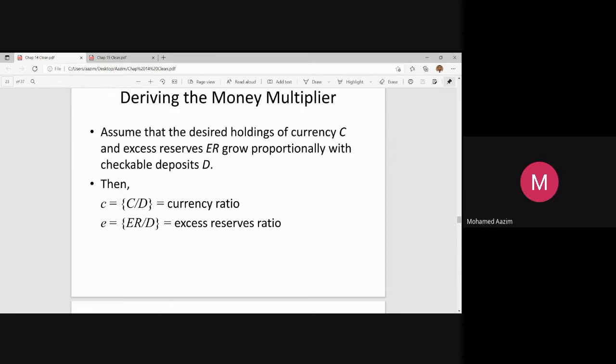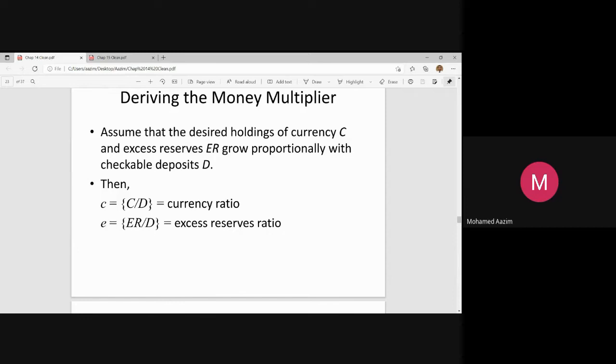Right? So this 100,000 increased to 1 million. Now you hold 100,000 in currency, 50,000 in excess reserves. 4% of 1 million is 40,000, right? So additionally, you have some excess reserves. So this is what I'm trying to say.